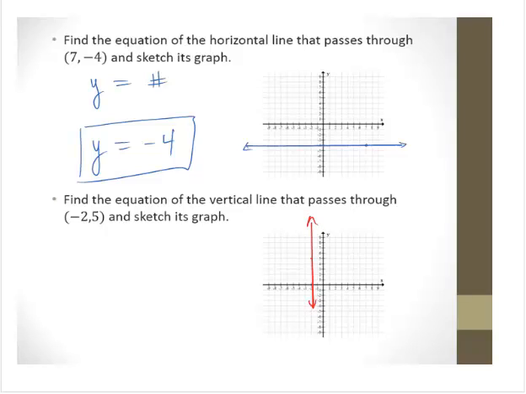That's slightly better. So there's the vertical line through the point. Every vertical line has the general form x equals a number. And in this case, the x value is always -2, so x is -2.